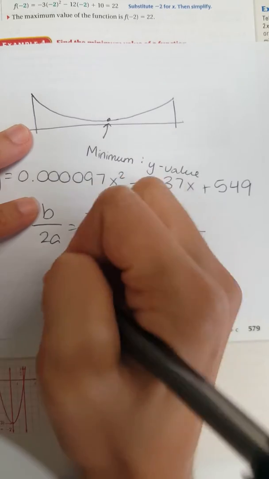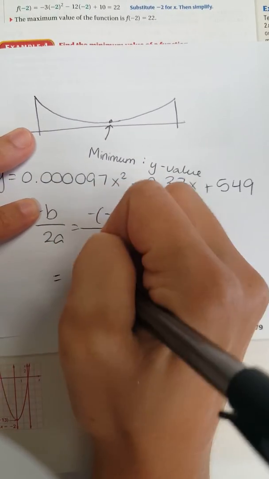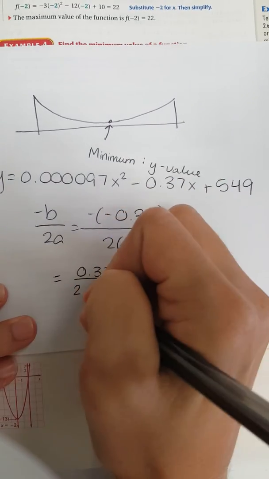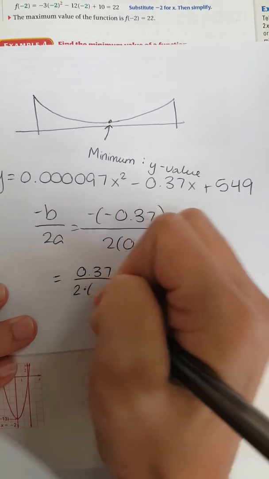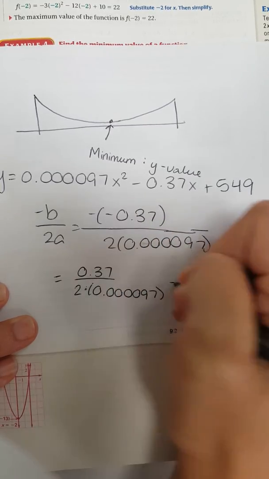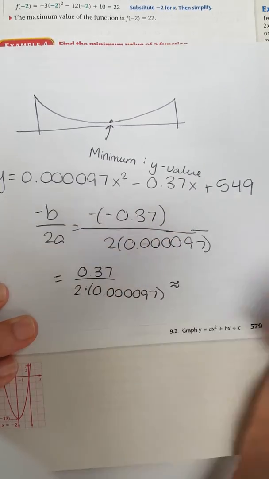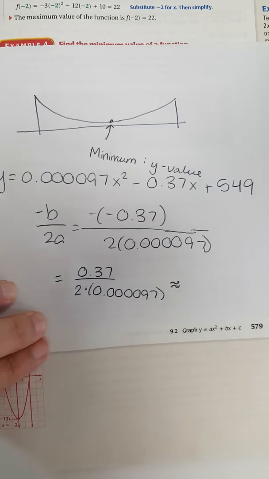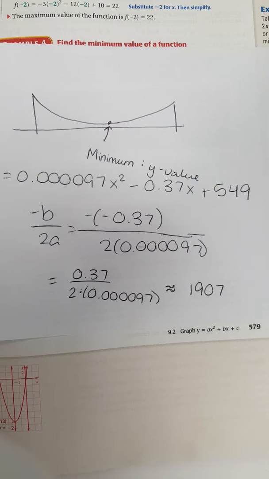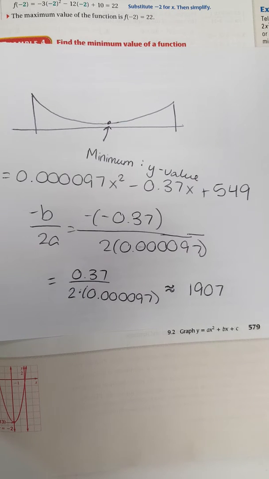You should plug negative 0.37 divided by 2 times 0.000097. And you're going to get approximately 1907. Did you get that? It was like 1,907.22 or something like that.